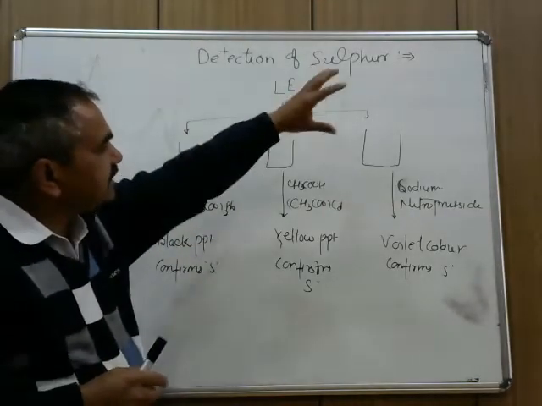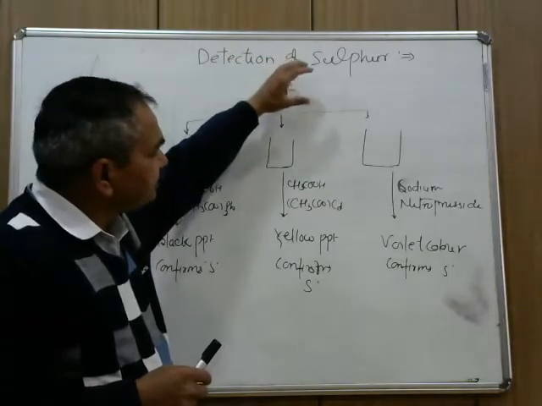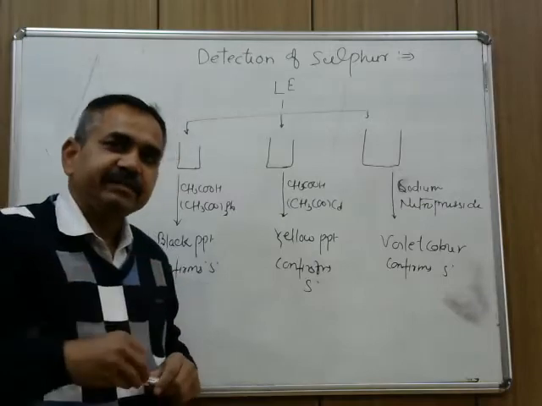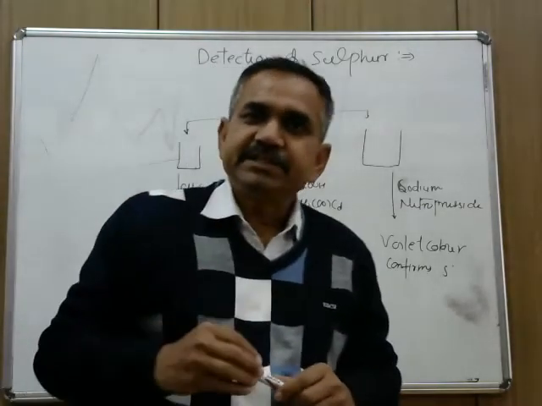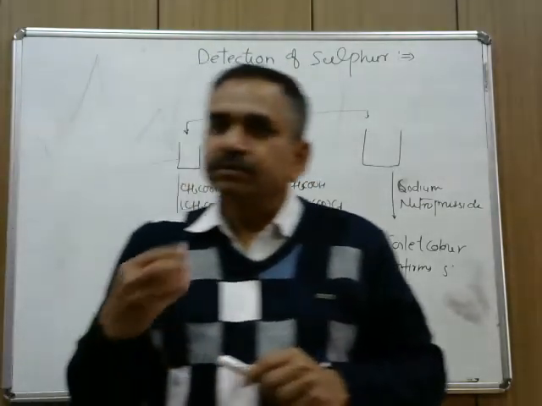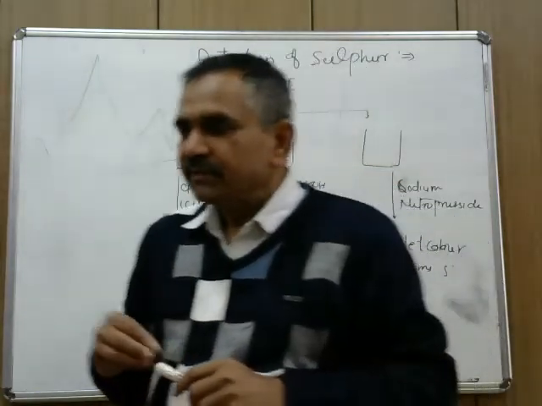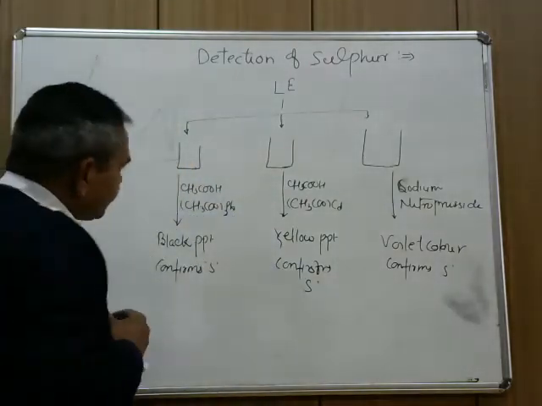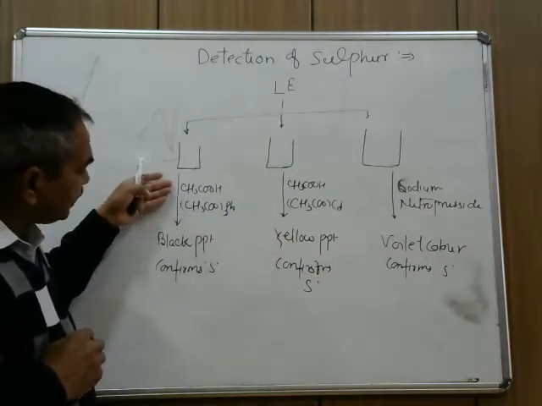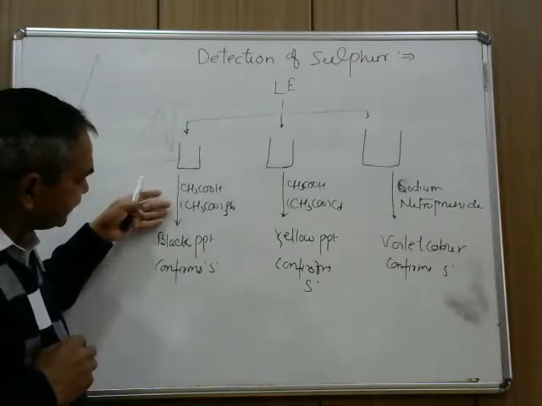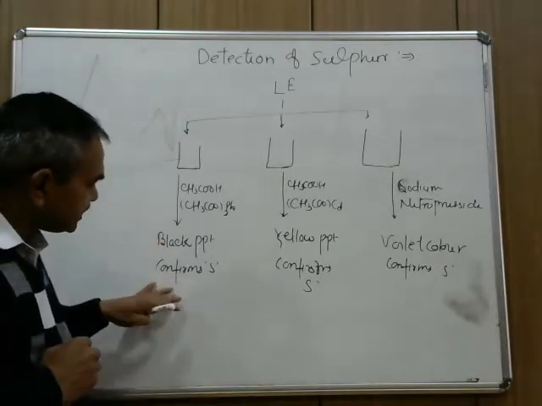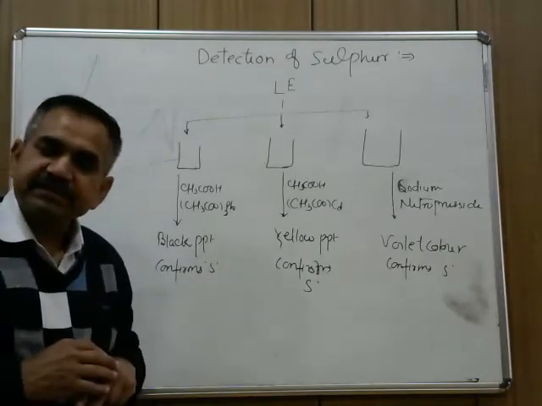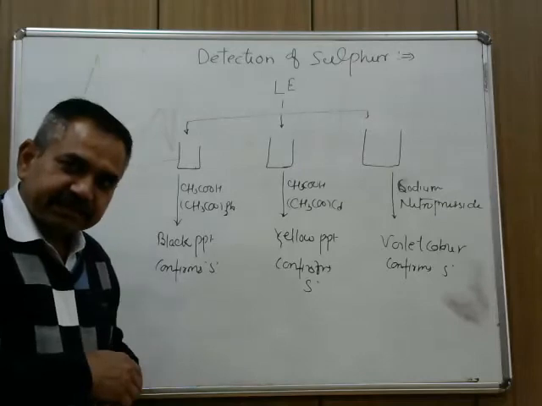So this is the procedure that we follow. We take roughly 6 ml of Lassaigne's extract and divide it into 3 different test tubes, 2 ml each. To the first test tube, a little amount of acetic acid is added and then lead acetate. Formation of a black colored precipitate confirms the presence of sulfur.